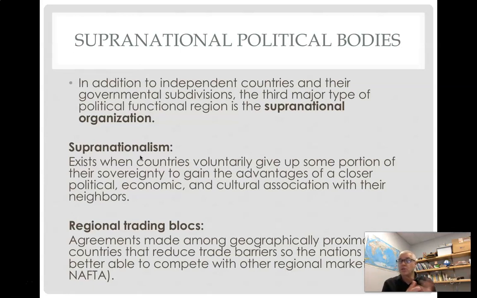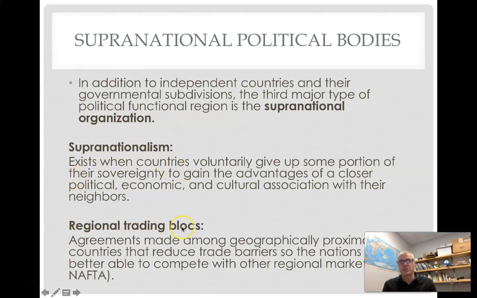The European Union would be a great example of supranationalism, because the countries in it, like Germany or Italy or Spain, give up some of their ability to make economic decisions independently for the greater benefits of sharing one currency and one sort of economic policy and letting people migrate from one area to another. So that would be supranationalism.